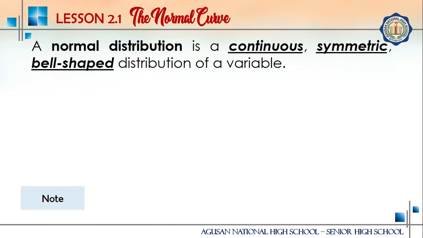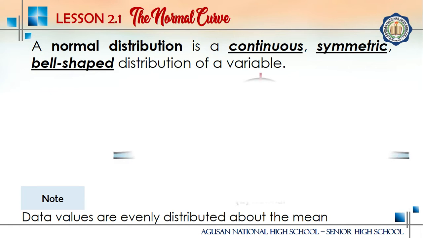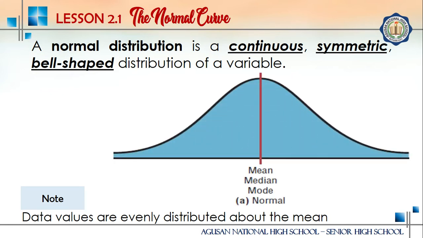To define, a normal distribution is a continuous, symmetric, bell-shaped distribution of a variable. So this is an illustration of a normal distribution. Notice the graph here, it is continuous. If you notice, no gaps, no holes.